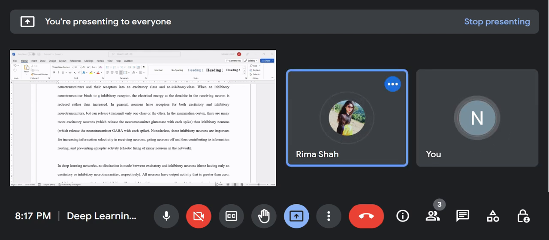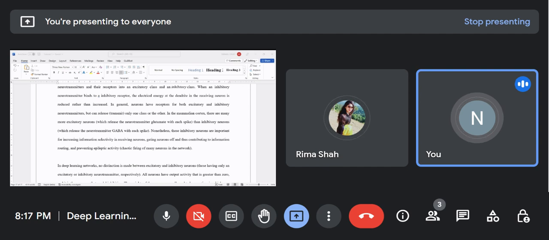As I told you here, GABA, which is called gamma-aminobutyric acid, glycine, and serotonin. These are the examples of inhibitory neurotransmitters.